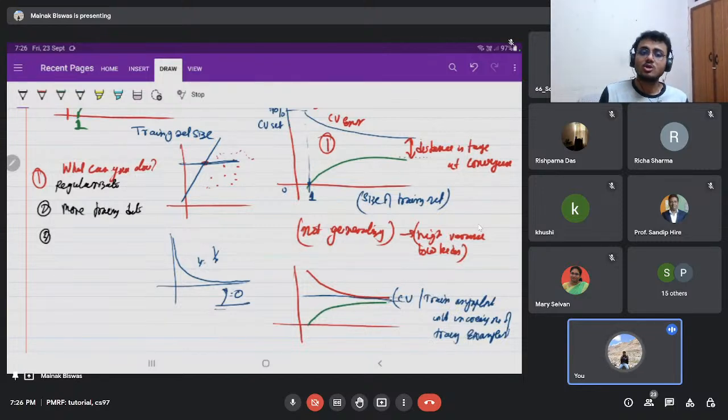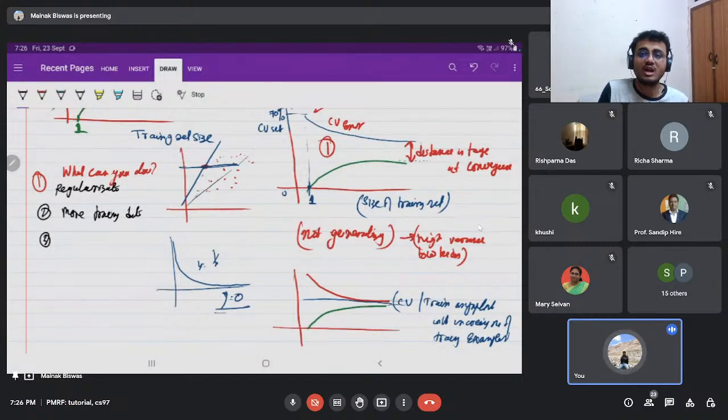Training on more data is automatic regularization, because you're trying to fit on more data. Your line will not deviate much if you add 1 point. So this is a side note, that adding data is also regularization. And use a simpler model with higher bias.